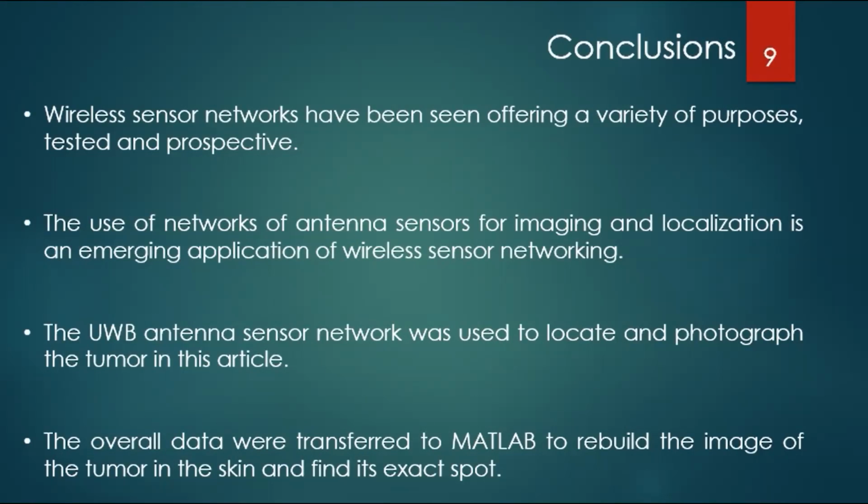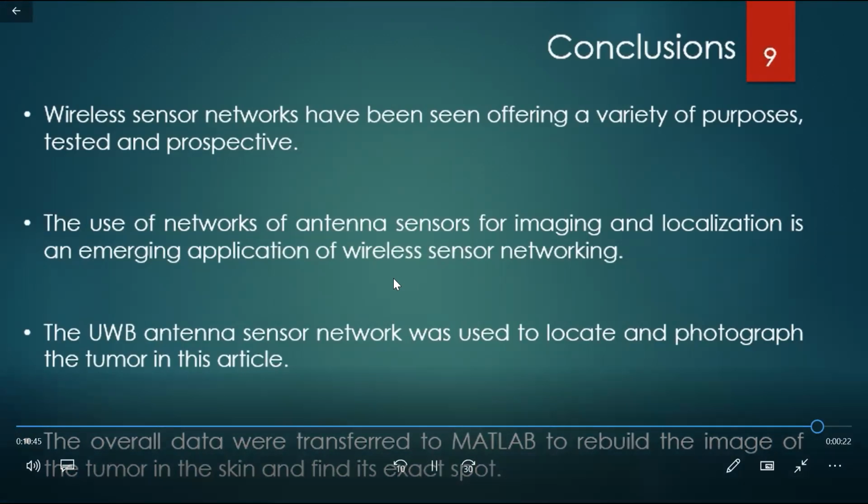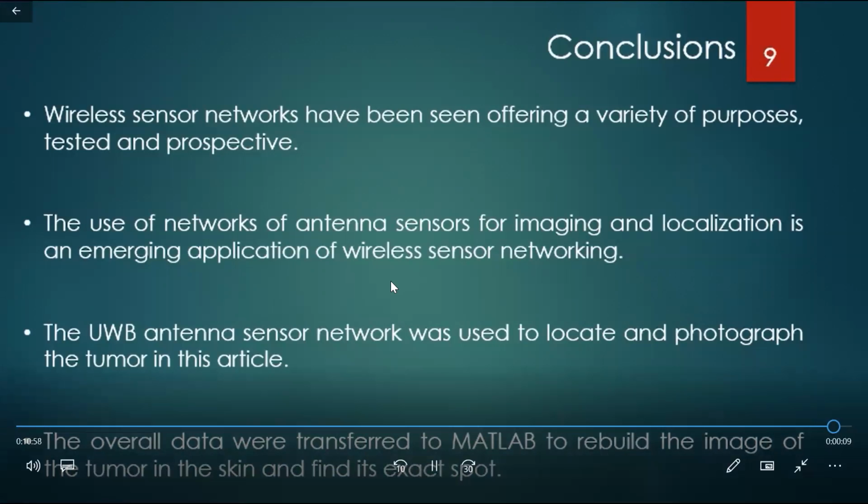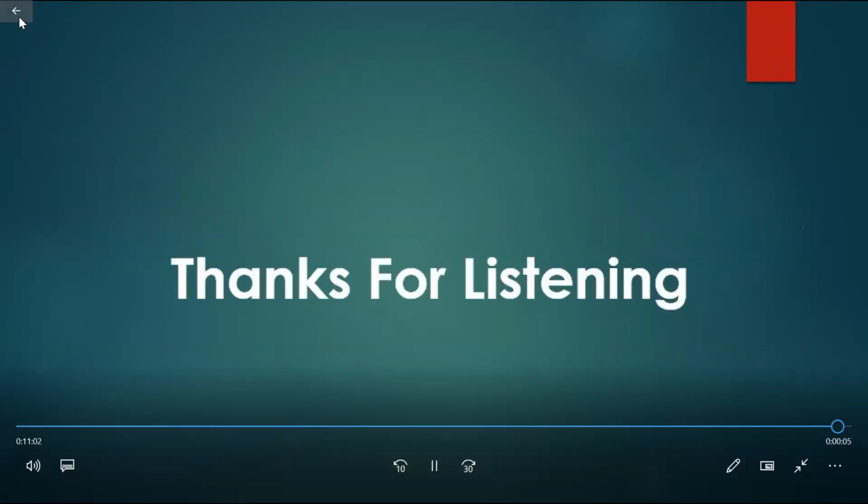The overall data were transferred to MATLAB to reconstruct the image of the tumor in the skin and to find it in the exact spot, the localization. So here we finished. Thank you very much, and thanks for listening.